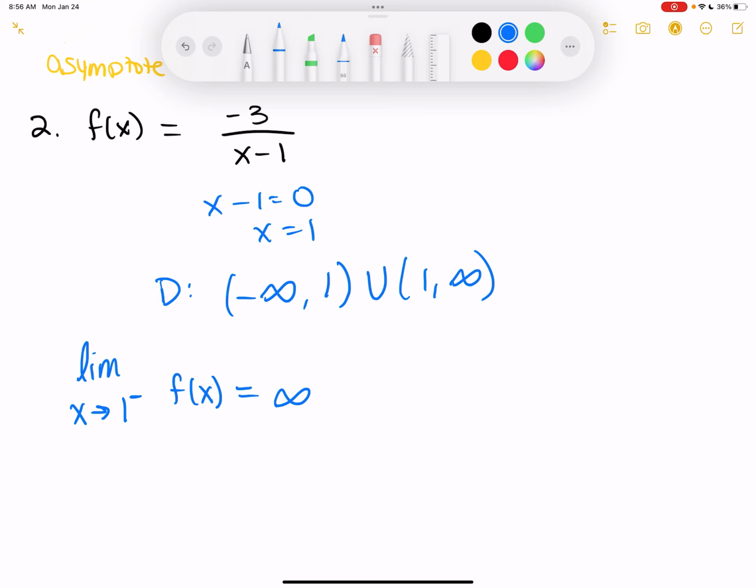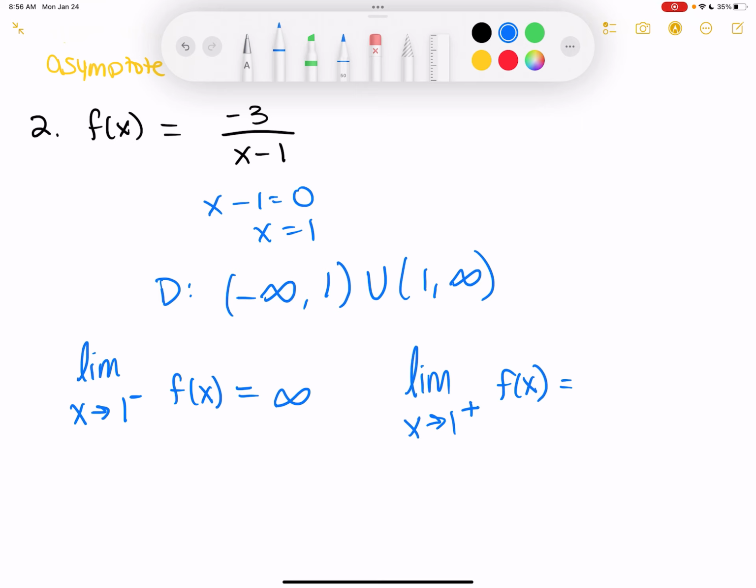And then on the other side, the limit as x approaches 1 from the right, so it's got a little positive sign up there, of f of x. So now we're looking at something like 1.000001. So you're looking for something really tiny that's close to it, with a tiny difference. I thought it was negative, right? Well, I have a number a little bit bigger than 1.